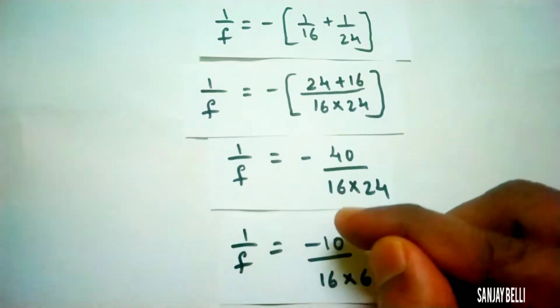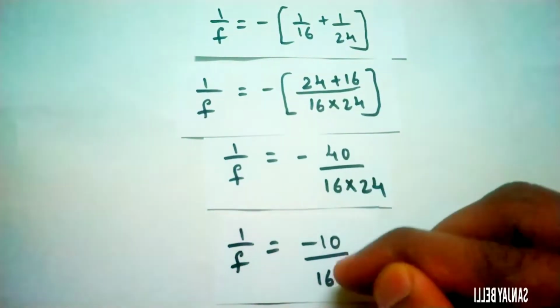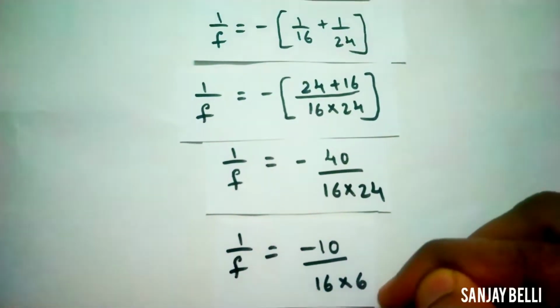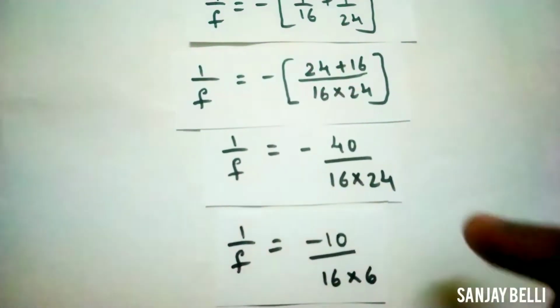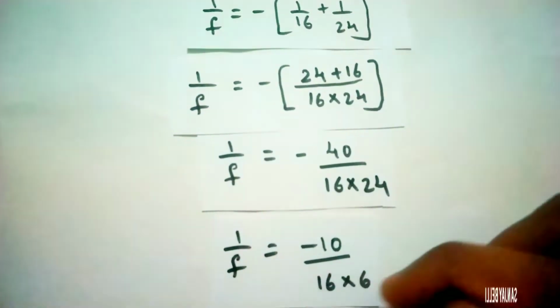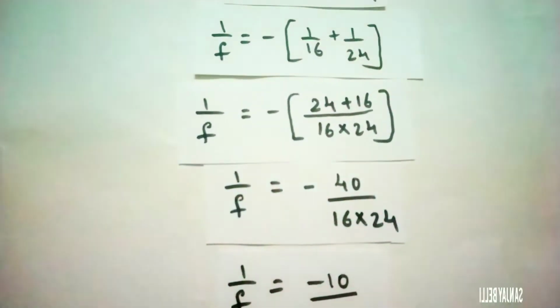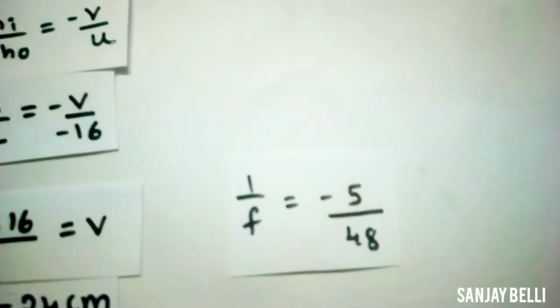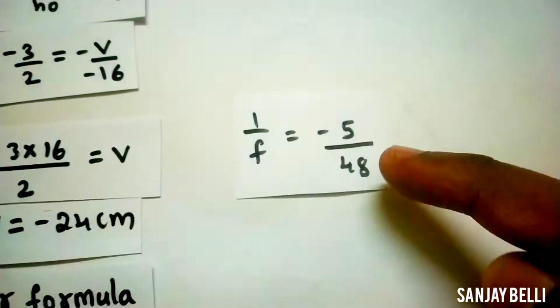Again we can cancel here: 2 5s are 10 and 2 3s are 6, so 16 into 3 becomes 48. So 1 by F equals minus 5 by 48.